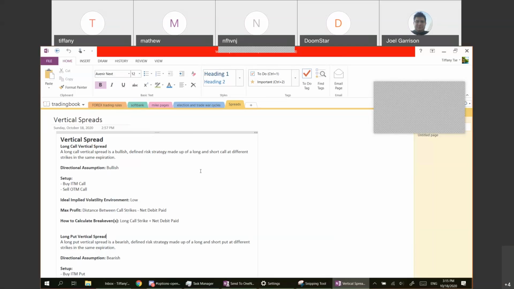The first one I'm going to go over is a vertical call debit spread. It's a bullish trade made of a long call and a short call.